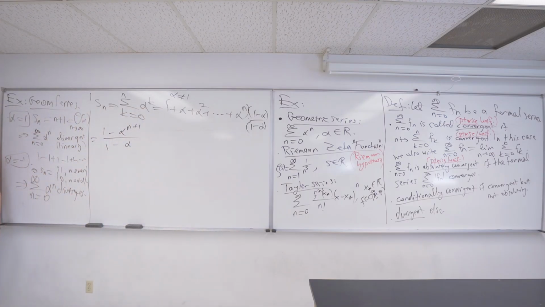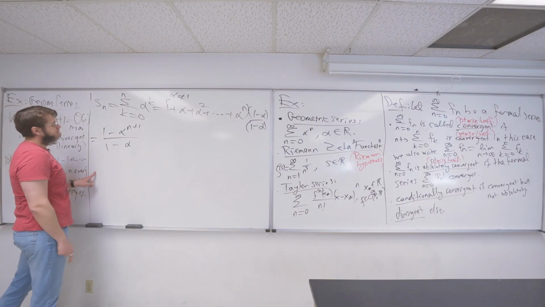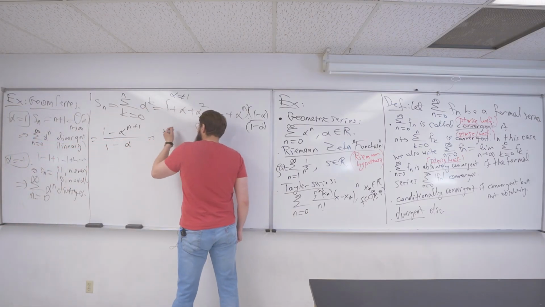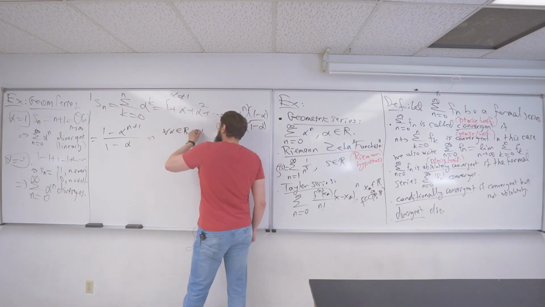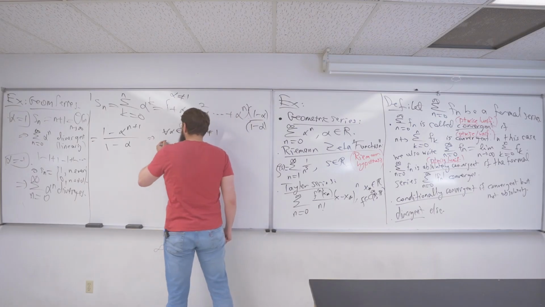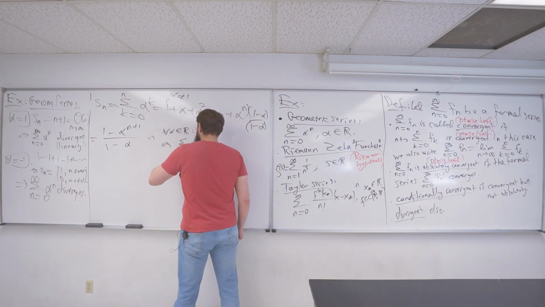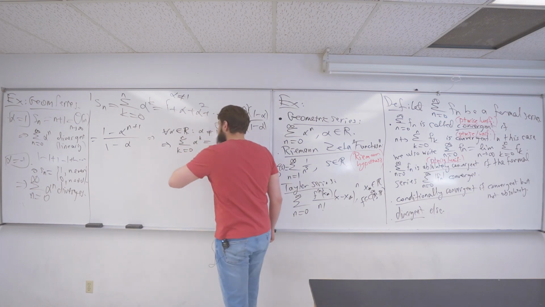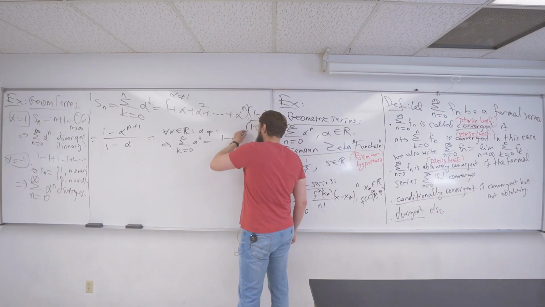So that's the formula. That's a closed form. What is the benefit of this? What we proved is that for any alpha not equal to 1, the partial sum gives me this.